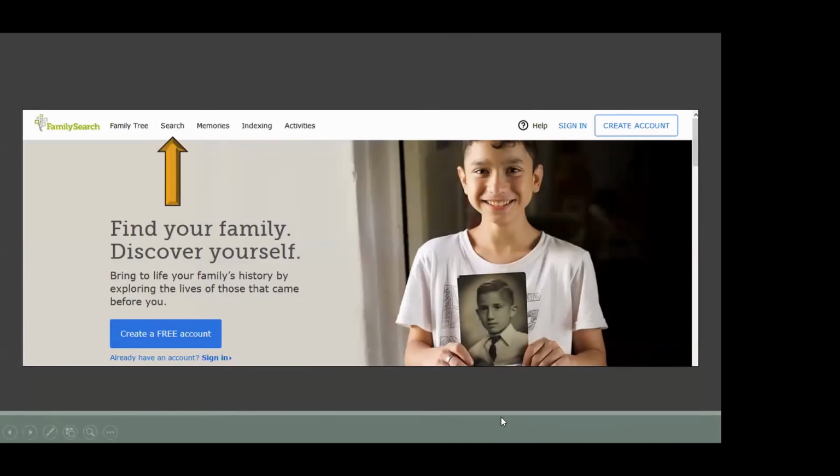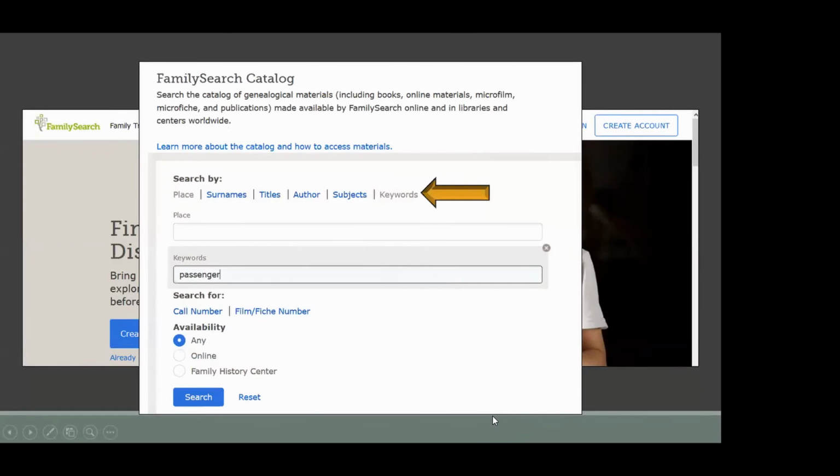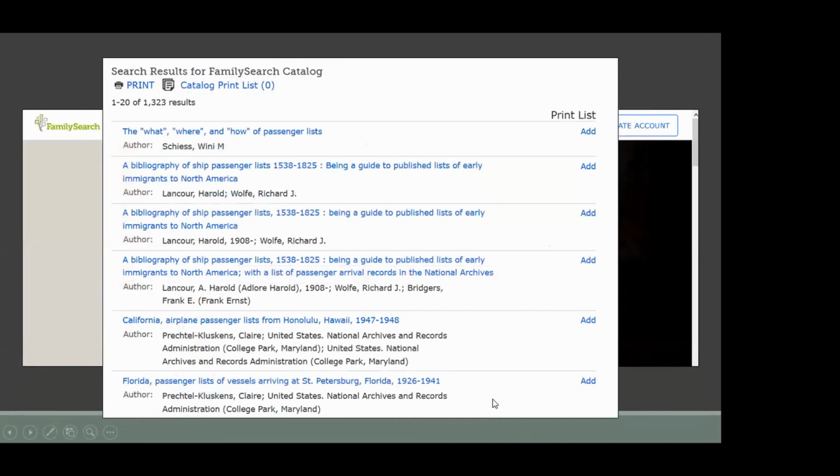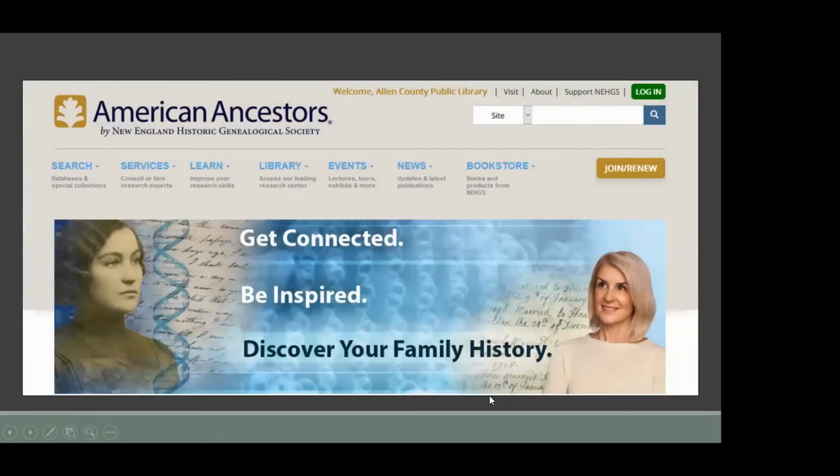Other places to search. In FamilySearch, if you click on their search button, you could actually search under the keywords for the word passenger and start seeing what passenger lists they have available on their site. Other sites, American Ancestors, which is hosted by the New England Historic Genealogical Society.